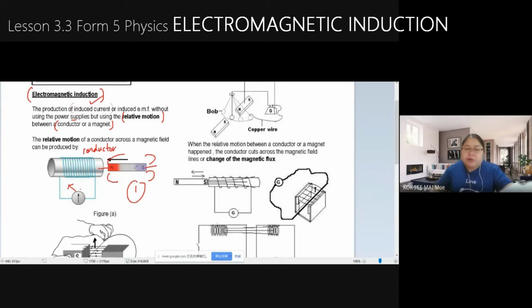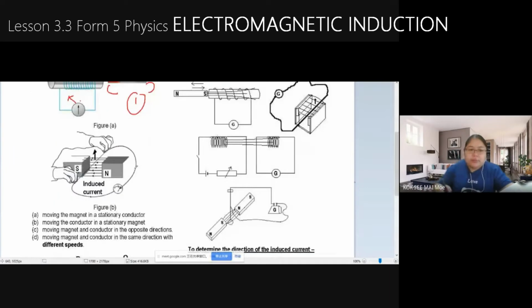Then we go to the second situation. The magnet now is stationary, and this is a conductor wire. Now you move the conductor wire up and down, so you cut the magnetic field.